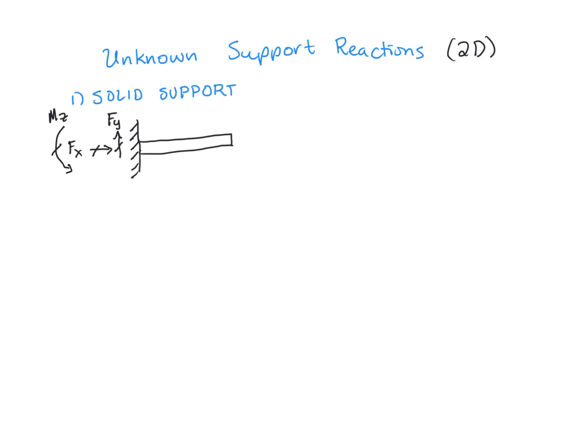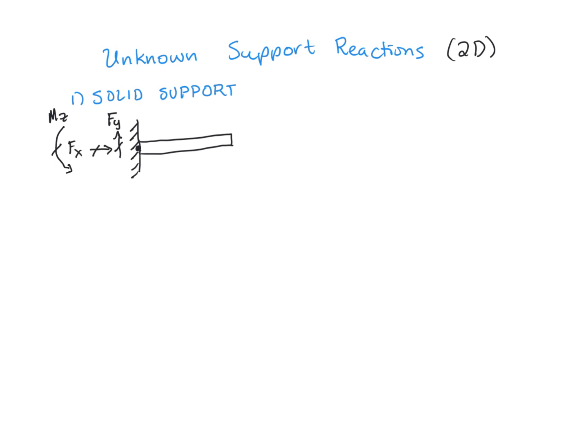So I've written those sort of all along, but they're all applying right here. If I write them all there, they all kind of run into each other. So those are unknown support reactions. There's 3 of them, 2 forces and a moment for a solid support.